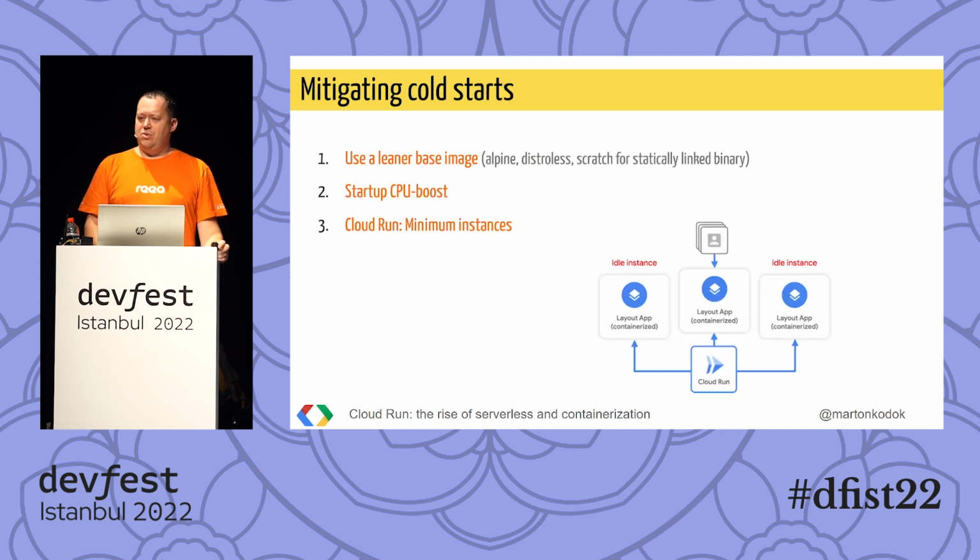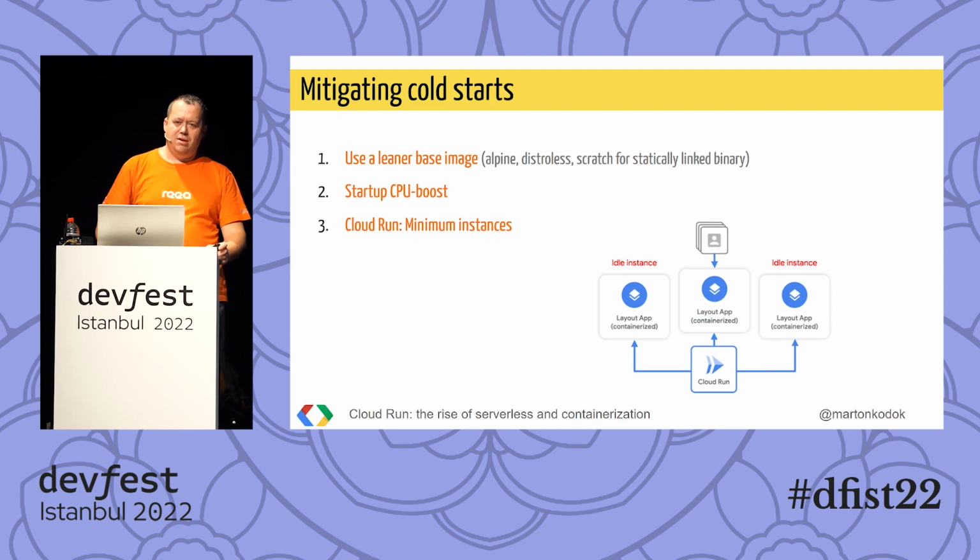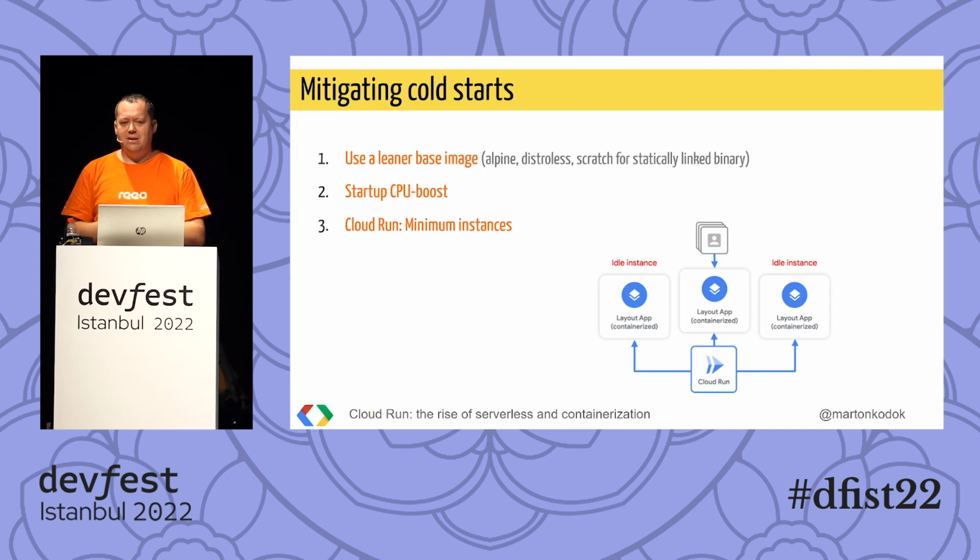Cloud Run introduced minimum instances. This is a really nice concept, because let's say you run a campaign, you know that you are going to send out, let's name it Cyber Monday, Black Friday, you are going to send out the emails at 9 a.m. You can actually turn on minimum instances just before 9 a.m. to be ready.